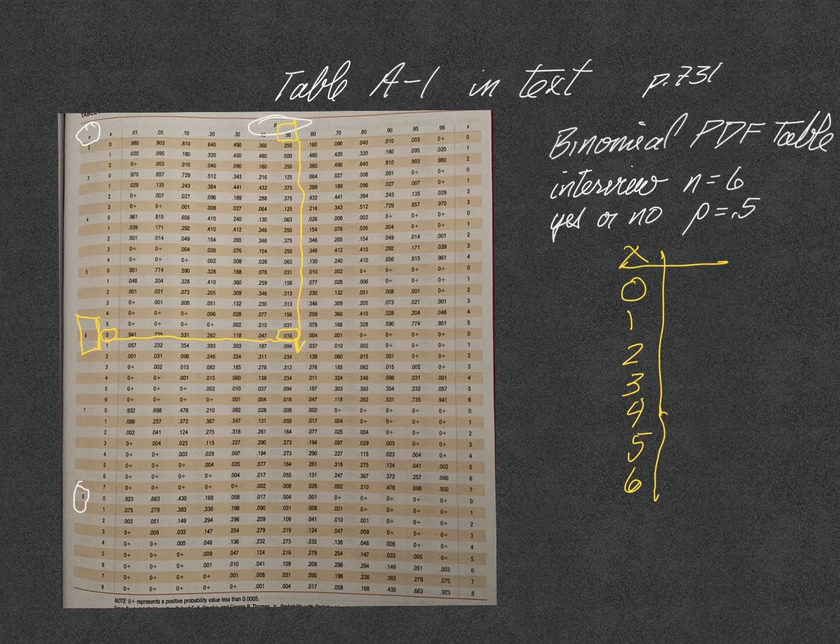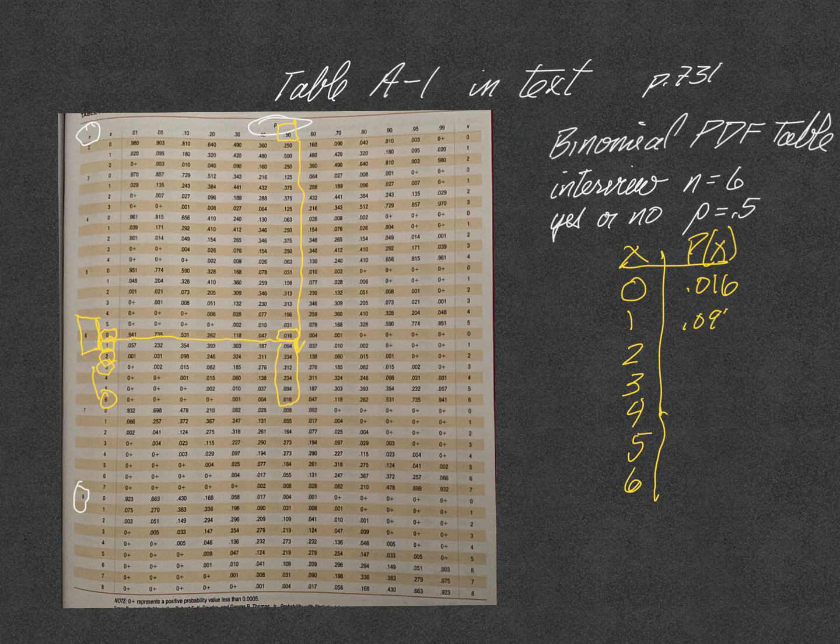And then the probability of 0 people would be 0.016. That's what we got right there. And so if we had 1 success or 2 successes or 3, all the way up to 6 successes, that would be all these probabilities right there.